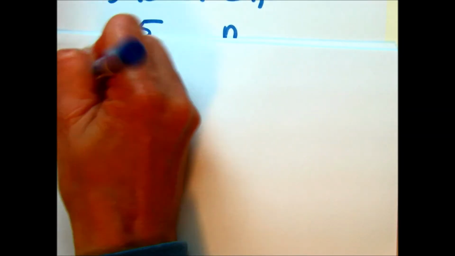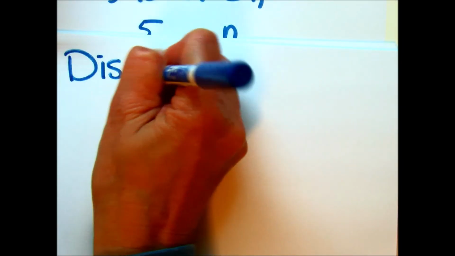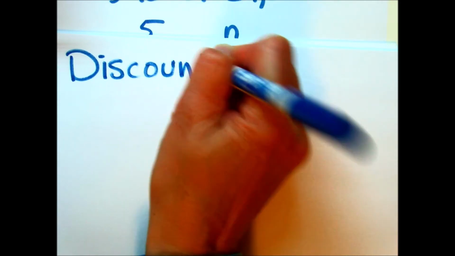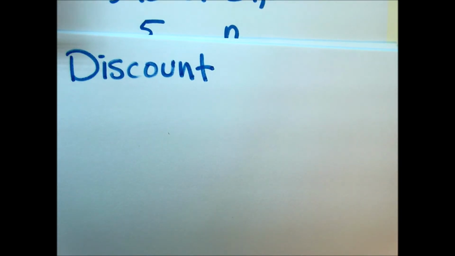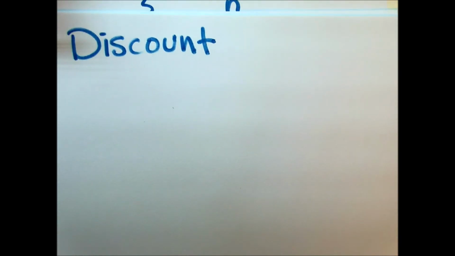All right, the last one is calculating a discount or a sale. In that future video, when I talk about percent increase and percent decrease, I'm going to give you a little formula that works it through pretty quick.